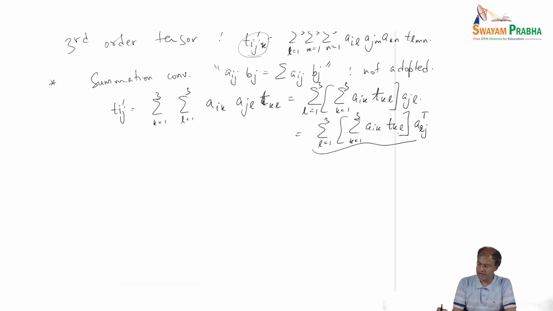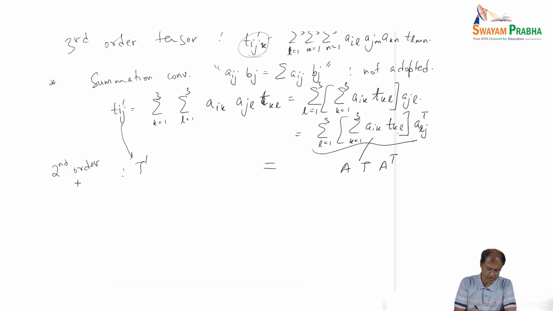So now if we rewrite this, notice these indices, we are going to follow these indices and rewrite this in matrix vector form. So this is going to be A transpose, right? So our new matrix T prime is going to be A T A transpose.